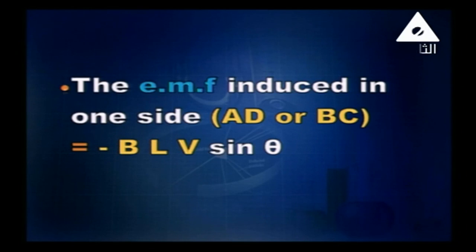As I said, it is the angle of rotation from the vertical, the angle between the normal to the plane of the coil and the magnetic field, and the angle between the direction of motion of either side of the coil and the magnetic field. So the EMF induced in one side is given by negative BLV sine theta. The negative sign indicates Lenz's rule.